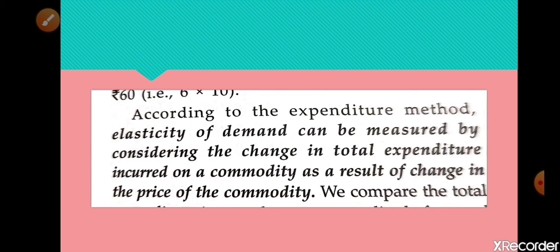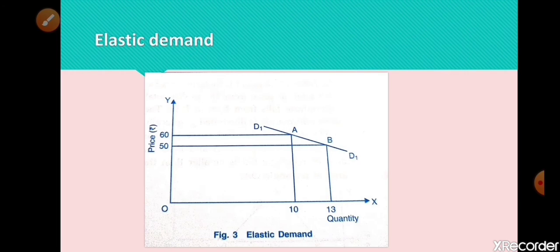We can understand only whether demand is unitary elastic, more elastic, or less elastic, meaning more than 1, less than 1, or equal to 1. Only these three calculations we can do. Accurate elasticity we cannot calculate, as we do in the percentage change method. So let us understand the first one, that is elastic demand.